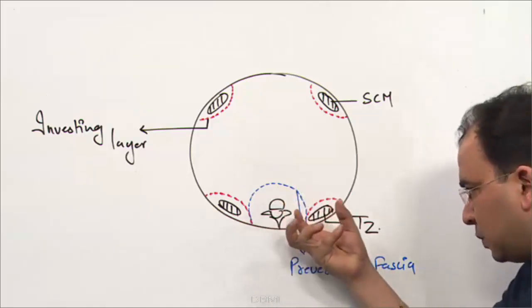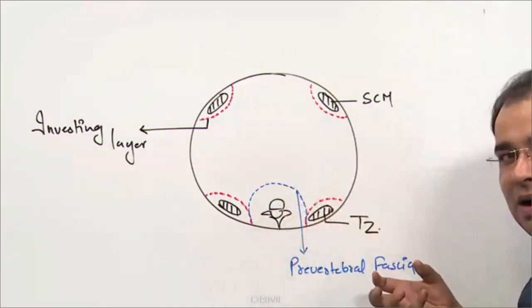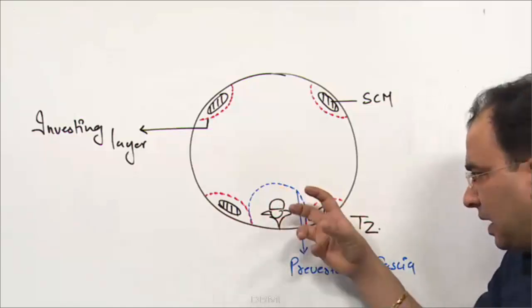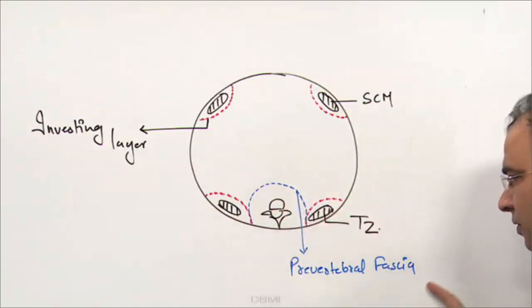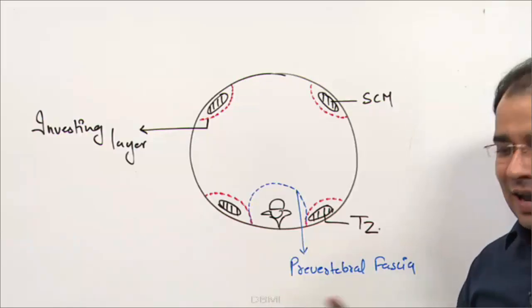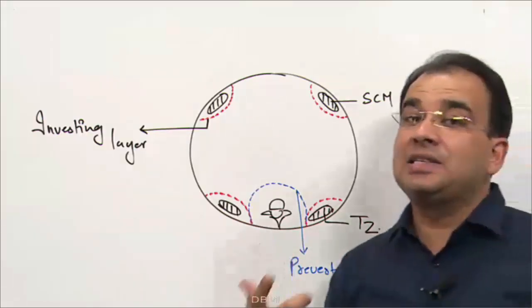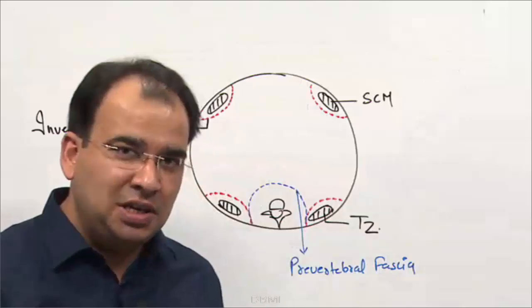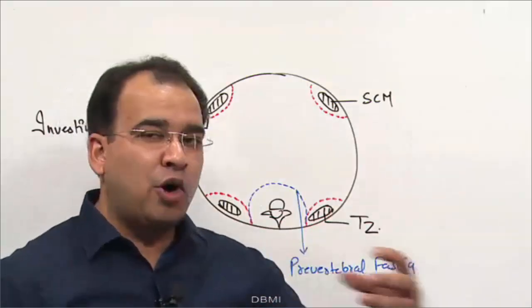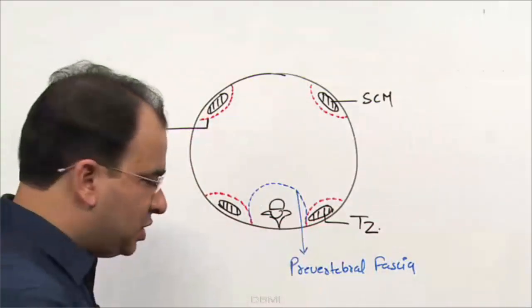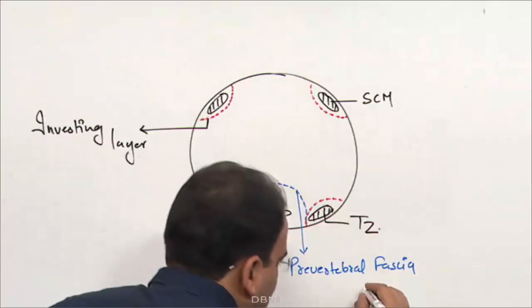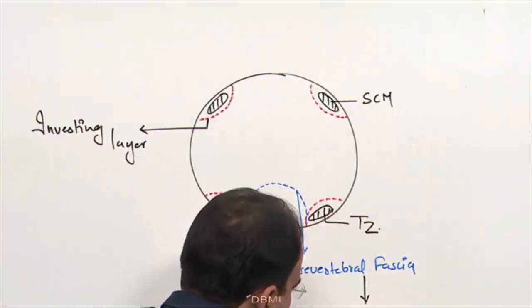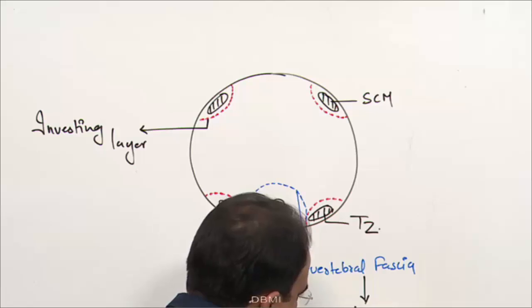So the brachial plexus, when it comes out from here and goes into the upper limb, into the axillary region, will be enclosed in the condensation of prevertebral fascia only. And what is that sheath called? That is called the axillary sheath. So axillary sheath is nothing but the tubular prolongation of prevertebral fascia. So prevertebral fascia will give rise to the axillary sheath.